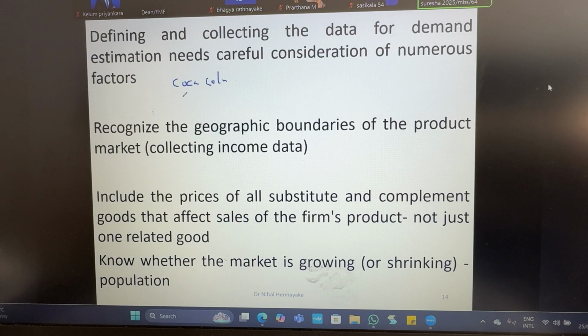Can we take the specific location for that? Location is needed. Before that, you have to define the product. Geographical boundaries is later.